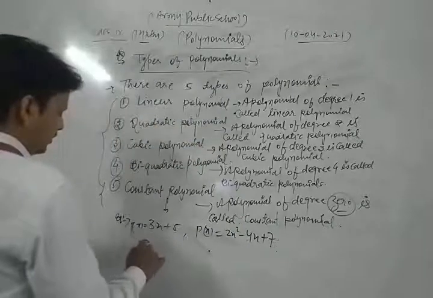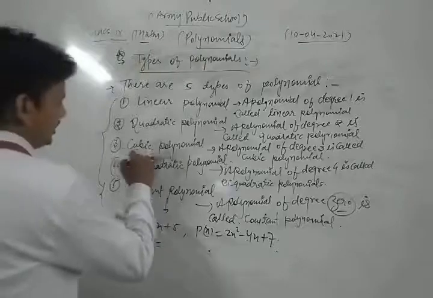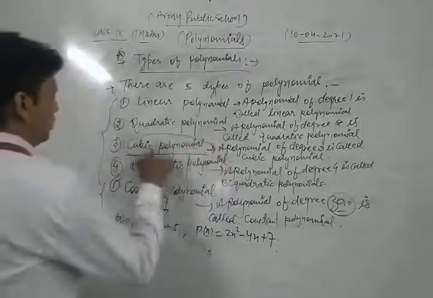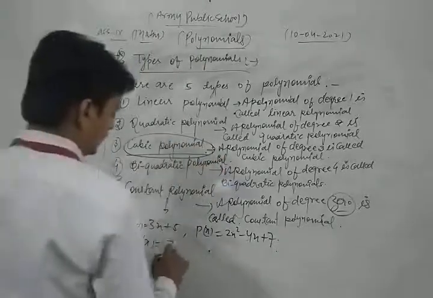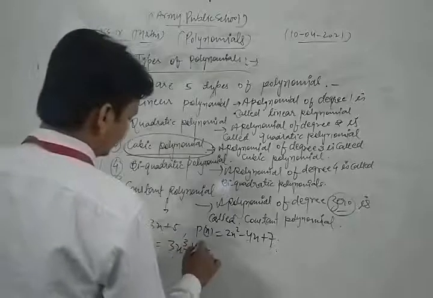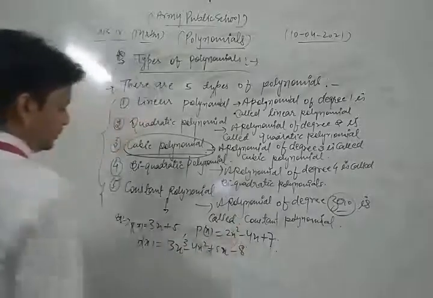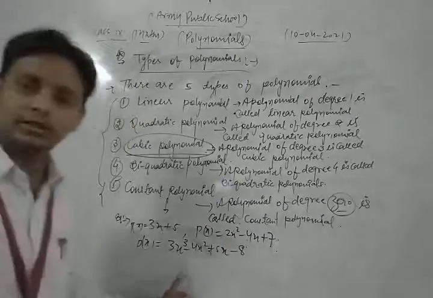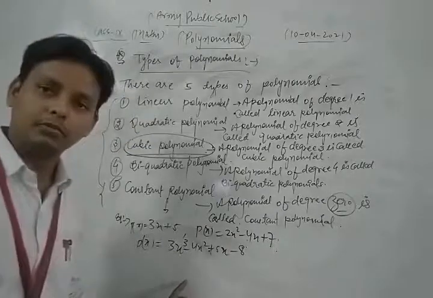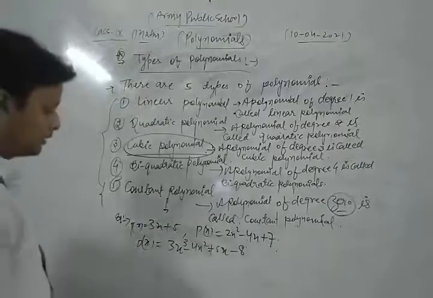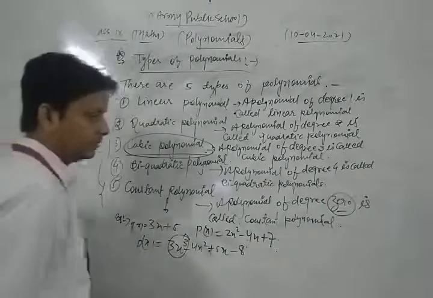Similarly, the third one is the cubic polynomial. If we write 3x cube minus 4x square plus 5x minus 8, this polynomial is called cubic, because the highest power of the variable in that polynomial is 3.